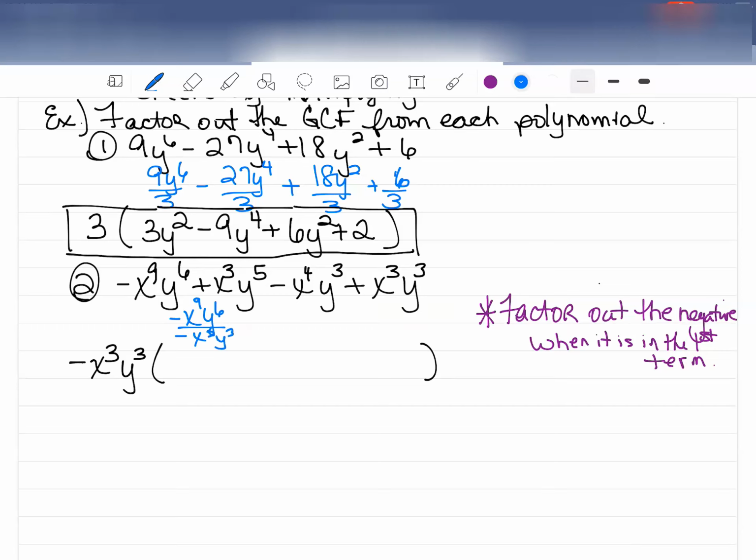Because I'm dividing by a negative, I automatically know that my signs are going to change from how they were originally written in the polynomial that they gave us. So that's the first thing I'm going to notice.